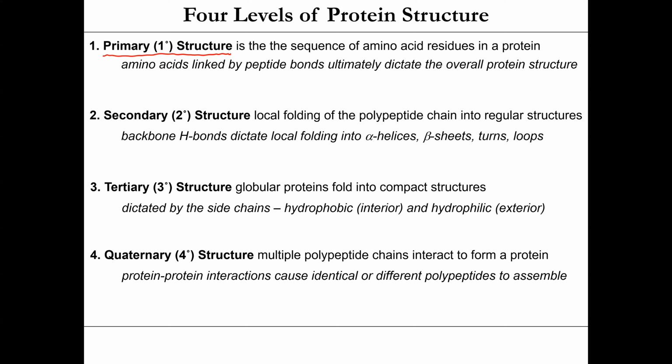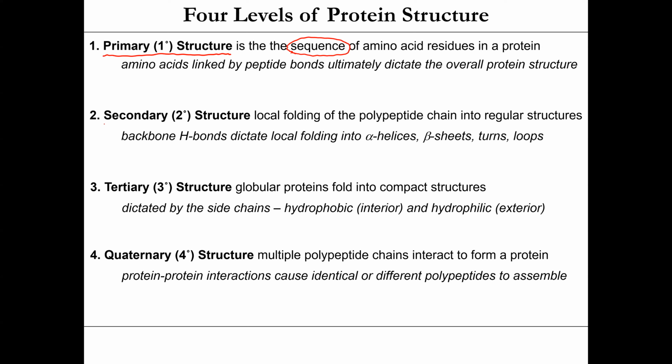Amino acids are linked by peptide bonds into a polypeptide chain, and the primary structure is the precise sequence of amino acids in that polypeptide chain. Now, the sequence of amino acids in that polypeptide chain will ultimately dictate the overall protein structure.